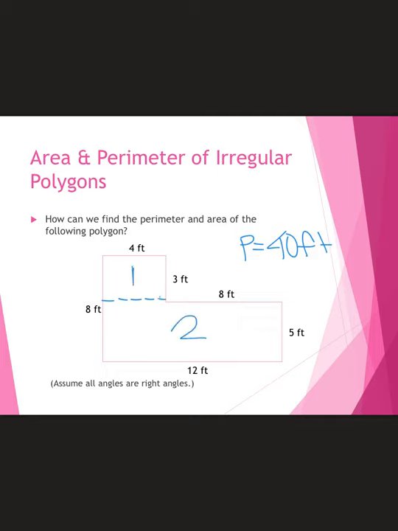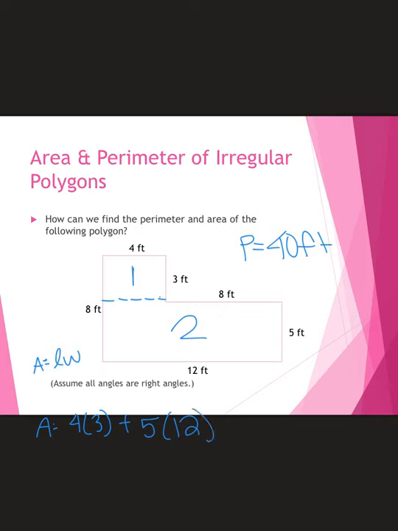So I have two rectangles. And to find my area, I'll have to do the area of rectangle 1 plus the area of rectangle 2. Now remember, the area of a rectangle is length times width. So I'm going to do 4 times 3 plus 5 times 12.